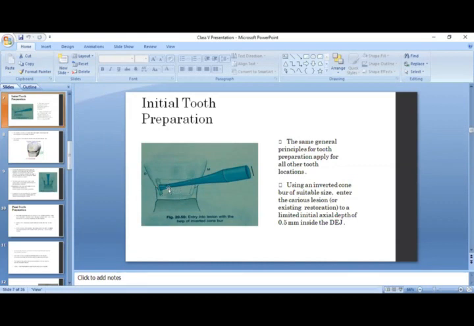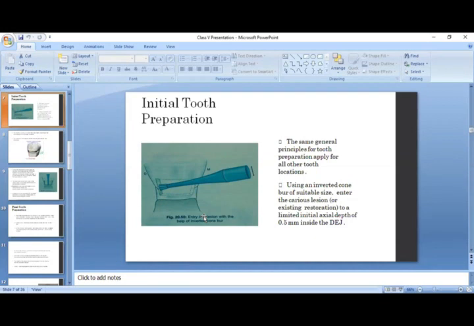So we just place an inverted cone burr. This is the axial wall. This is the axial depth. It should be 0.5 millimeter inside the dentino enamel junction. To design that wall, we need to use an inverted cone burr, because you can easily see it is basically flat. It's like a triangle, where the base of the triangle is straight and the triangle goes upward.